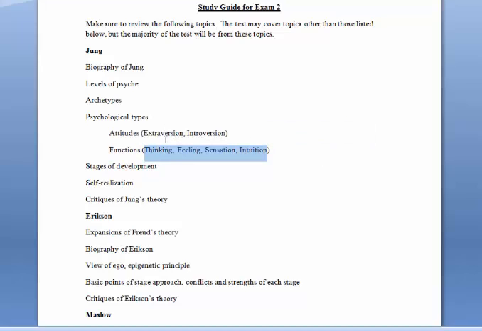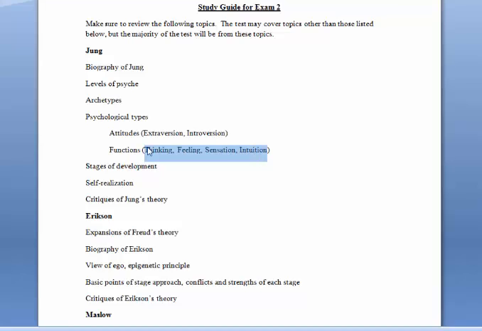And so then you could be extroverted thinking, extroverted feeling, extroverted sensing or sensation, and extroverted intuition or intuiting, and then introverted thinking, introverted feeling, introverted sensing, or introverted intuiting. So then there are 8 possible types here.